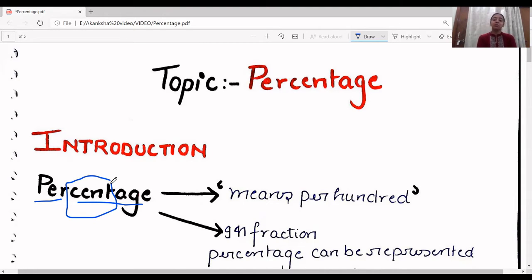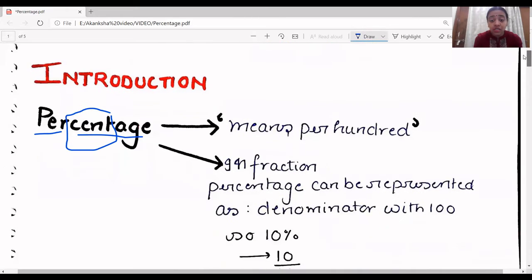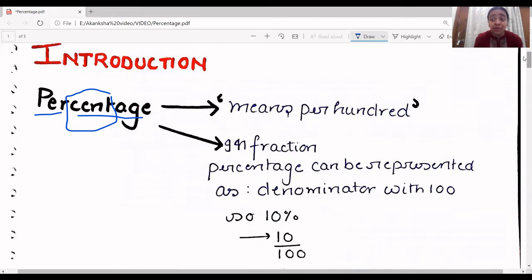So you can represent percentage in fractions. When it is said 78%, it actually means 78 by 100. So 78 per 100. Do you understand? Similarly, 98% means 98 upon 100. So that is all about the word percentage.